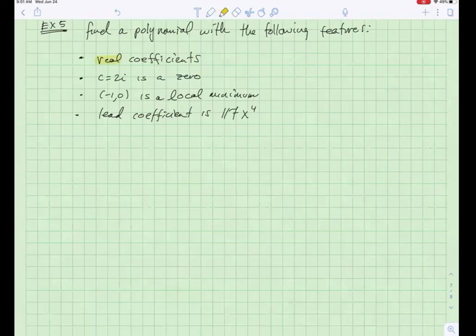This first statement seems a little innocuous, like, okay, it's got real coefficients, but how does that help? Well, it's immediately connected to this next idea.